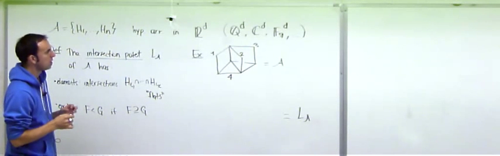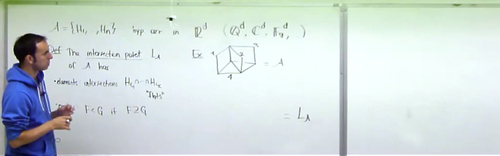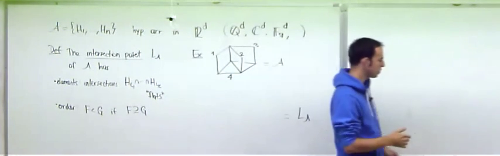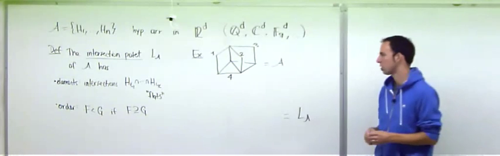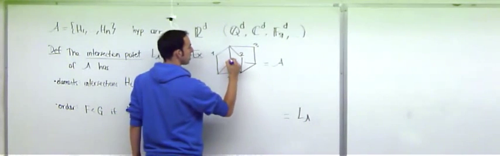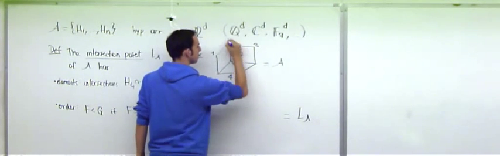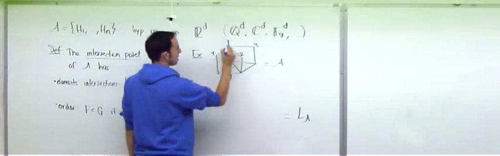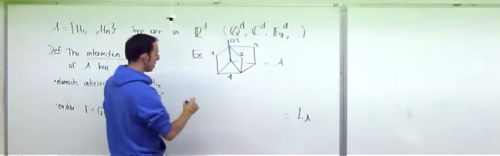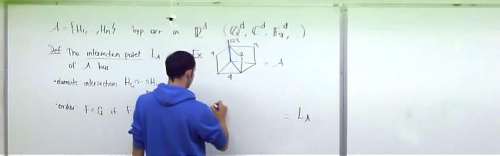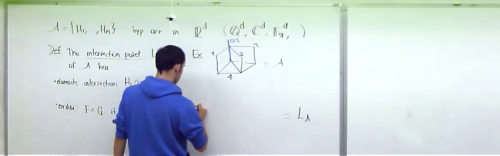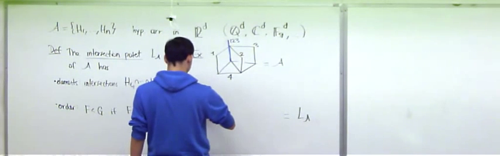Okay? So let me show you an example. You could intersect hyperplanes 1, 2, and 3. And if you intersect 1, 2, and 3, then you're going to get this line, right? Which it's natural to call 123. And so 123 is going to be one of the elements of this poset.